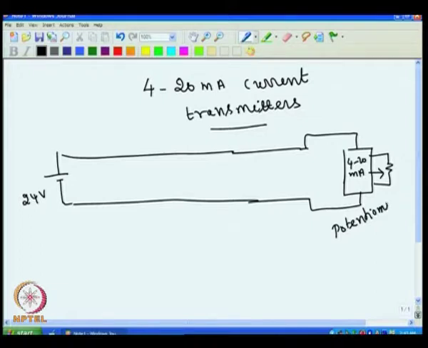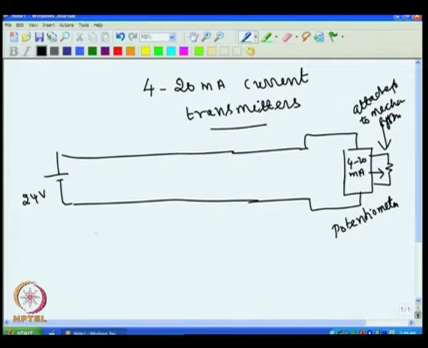Potentiometer is the transducer. So what is actually done is, this potentiometer is attached to a mechanical system. So essentially when the mechanical system moves, the potentiometer center point actually moves. Now what is required is the mechanical system's position to be transmitted as a current.